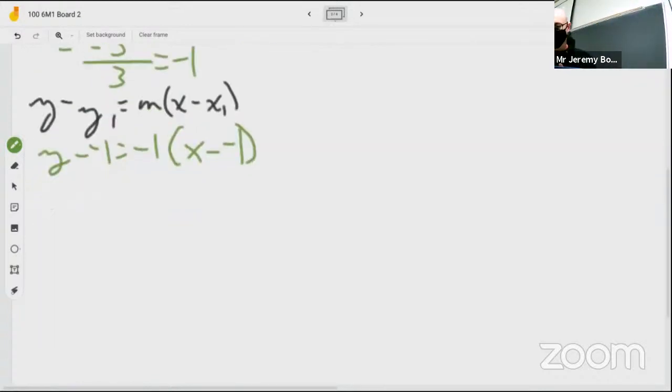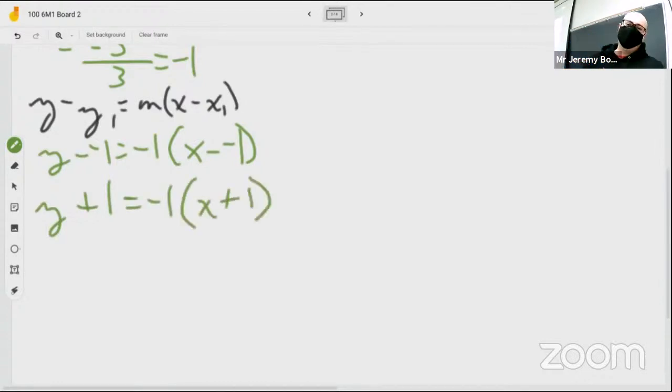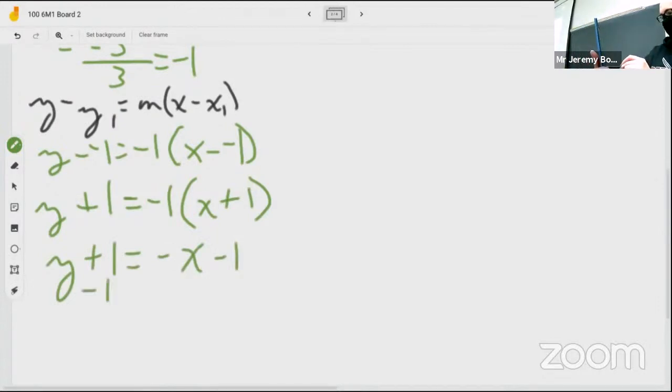Let's just decide about all those negatives first. So y plus 1 is equal to negative 1 times x plus 1. Now let's distribute the negative 1 on the right-hand side to the x. So the positive 1, so we'll have y plus 1 is equal to negative x minus 1. And then we need to subtract 1 from both sides to solve for y. y is equal to negative x minus 2.